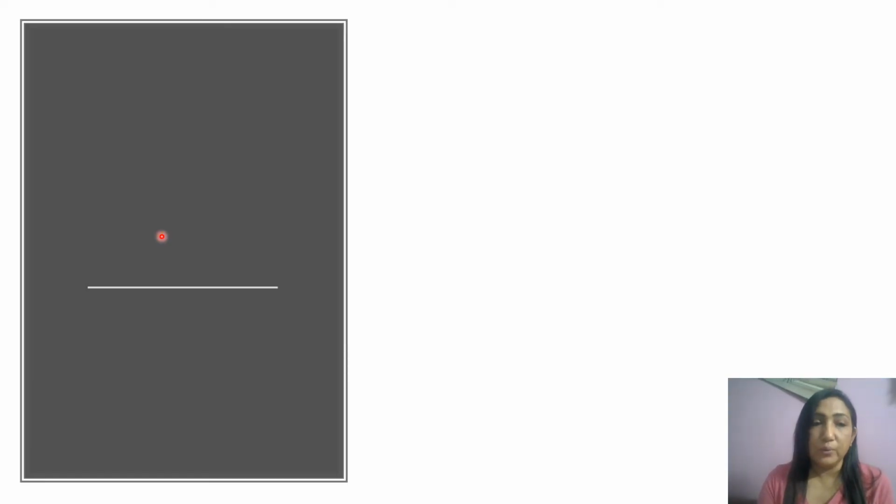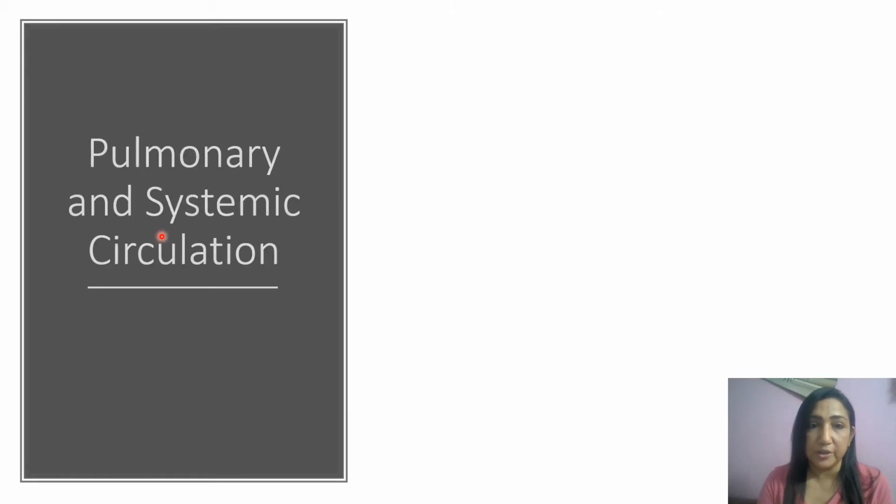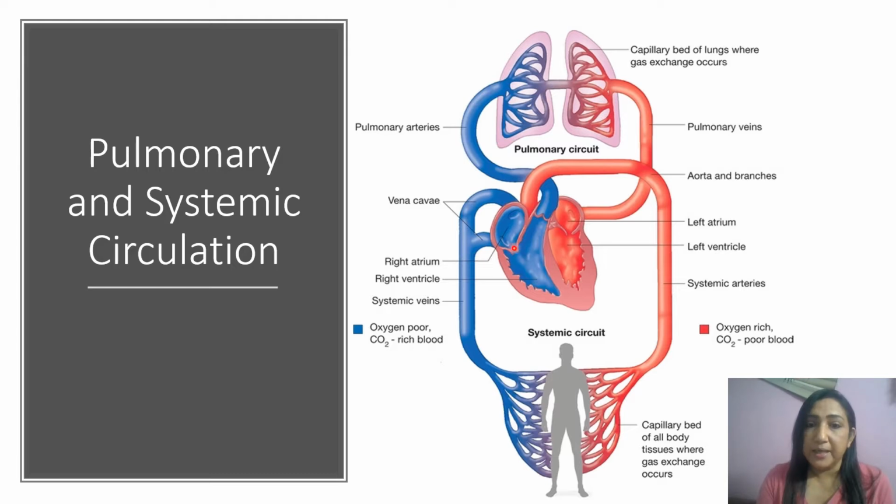We are going to have a very short discussion about the pulmonary and systemic circulation. There is a schematic diagram with deoxygenated blood going out through the pulmonary arteries and coming to the lung. There is diffusion and exchange of carbon dioxide and oxygen. The oxygen is taken up by the blood and goes through the pulmonary vein to the left heart.